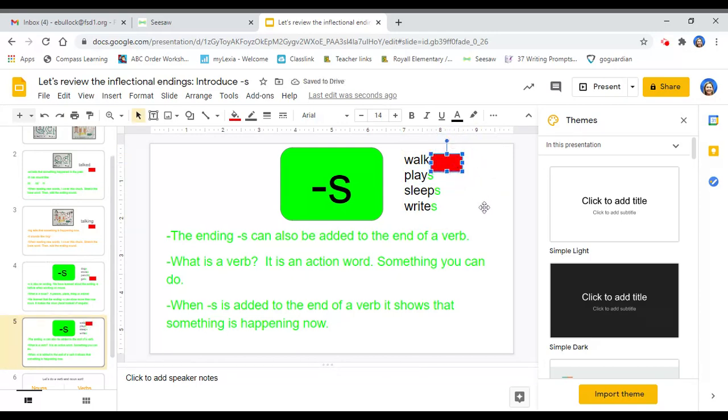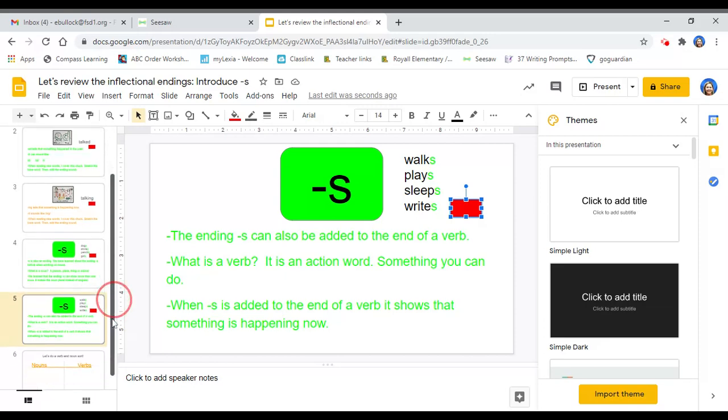We have walk, walks, play, plays, sleep, sleeps, write, writes, like she writes in her journal. So all of these words are examples of verbs or action words with the ending S, telling us that that verb is happening now.